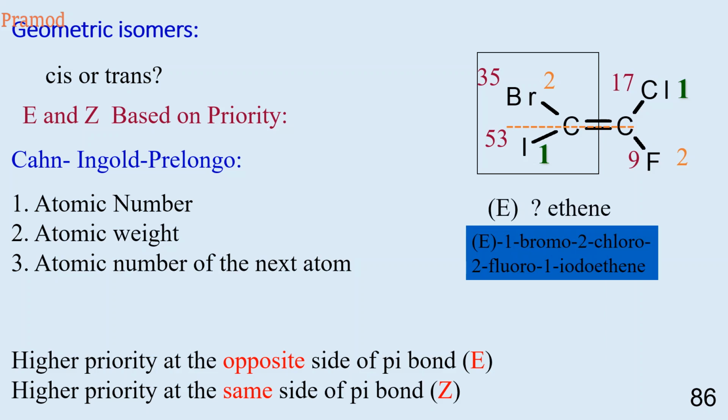That's why it is known as E-1-bromo-2-chloro-2-fluoro-1-iodoethene. This is how you use the Cahn-Ingold-Prelog method to determine the configuration across the carbon-carbon double bond.